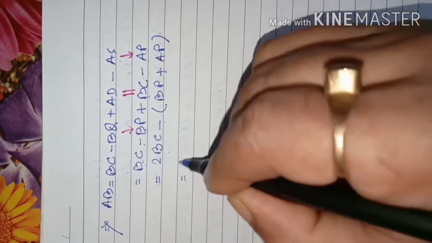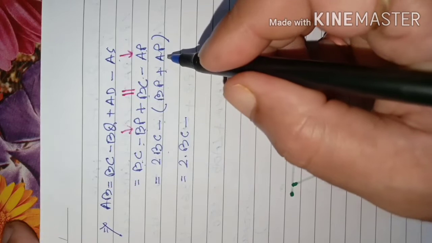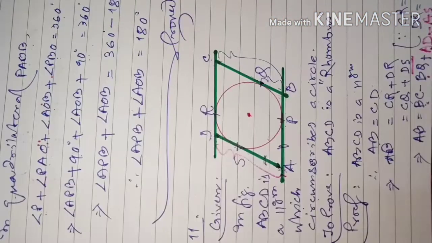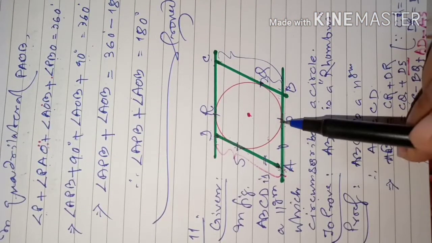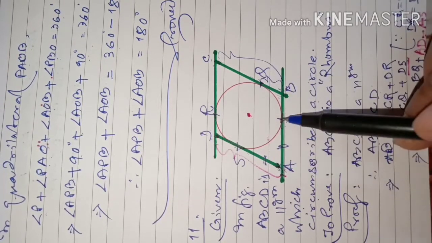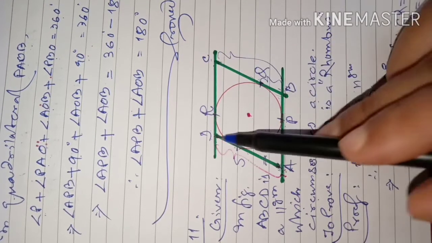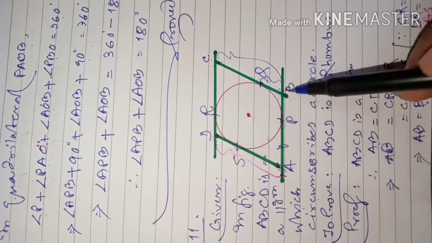So it is 2 times BC minus (BP plus AP). Look at the diagram. AP equals AS and BP equals BQ. So this AP plus BP is equal to AB. Okay? And this BC equals AD. That's why we have replaced this AD by BC.